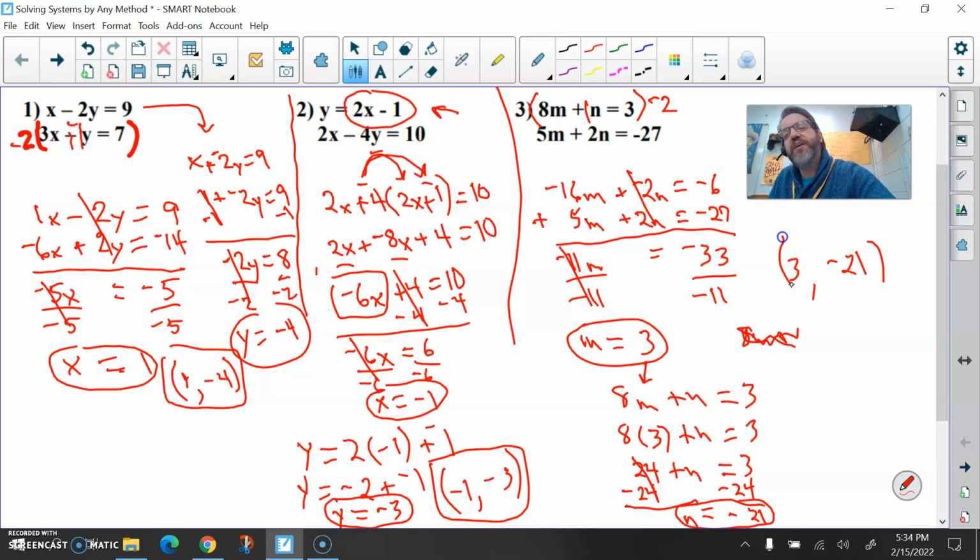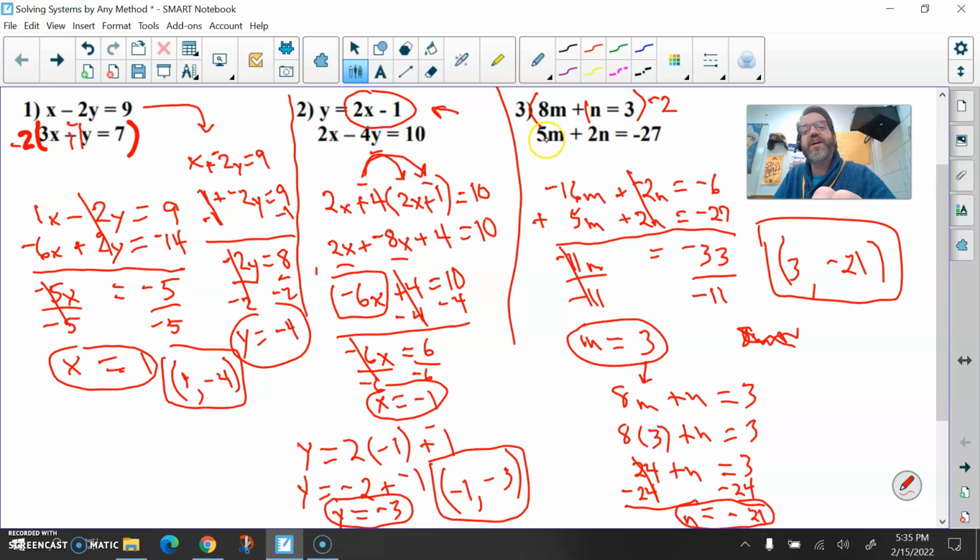When you see variables other than x and y, when you write them in an ordered pair, just go in alphabetical order. And you know what? M is before n in the alphabet. You can test these numbers up here and see if they work. 8 times 3 is 24. 24 plus n, which is negative 21. 24 plus negative 21 does equal 3.